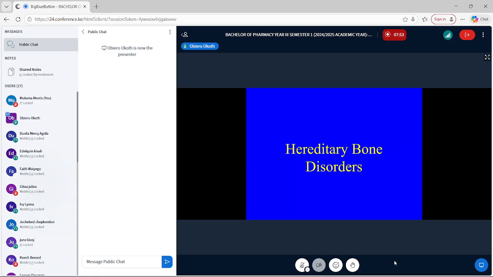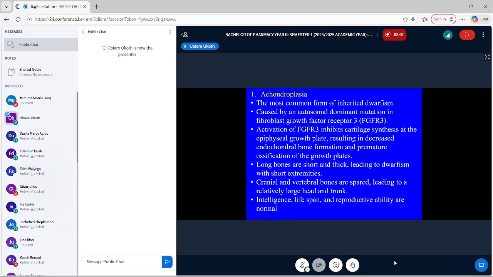So let's look at the hereditary bone disorders. Here I think I only have like three main ones. Okay, I have four. I have what is called achondroplasia. Achondroplasia is a form of inherited dwarfism.